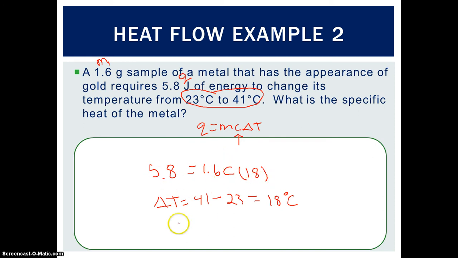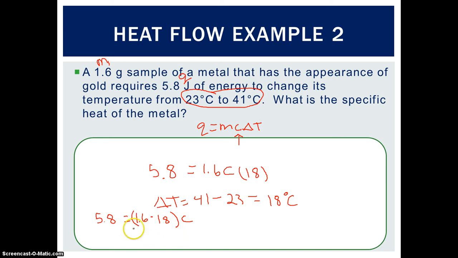Okay. So now I want to solve this equation for my C. What I'll do for that, and I shouldn't have written the delta T under here like this because it's kind of going to get in the way. Let me rewrite it down here. I have 5.8 equals 1.6, and maybe I'm going to bring my 18 over. We can use our distributive property of multiplication, times 18, and then times C outside of the parentheses.